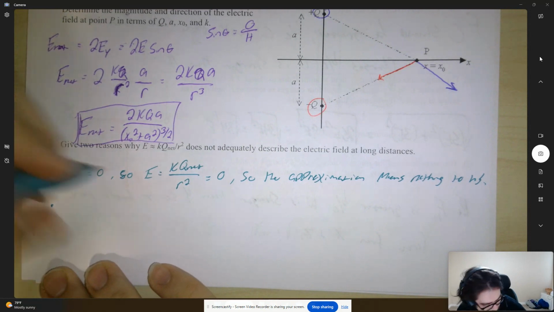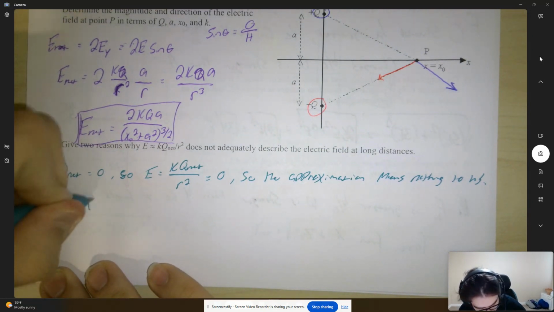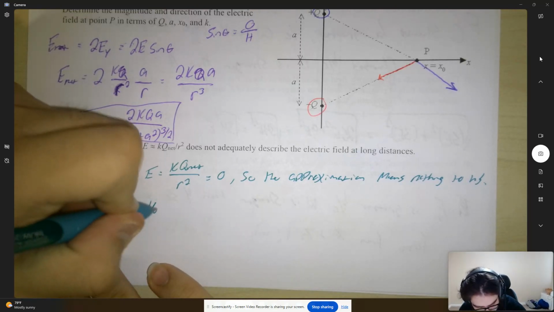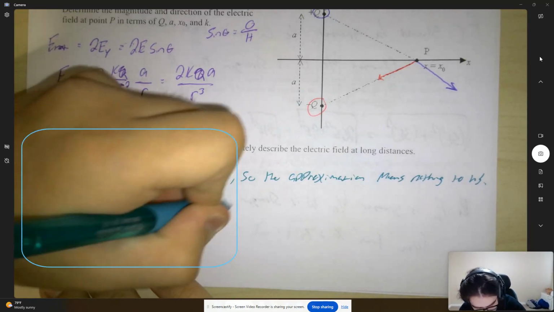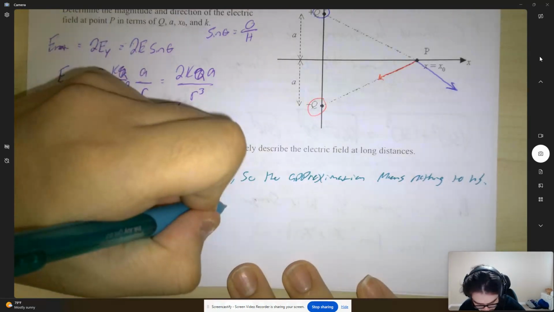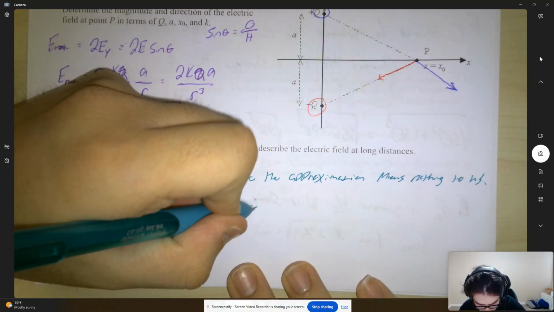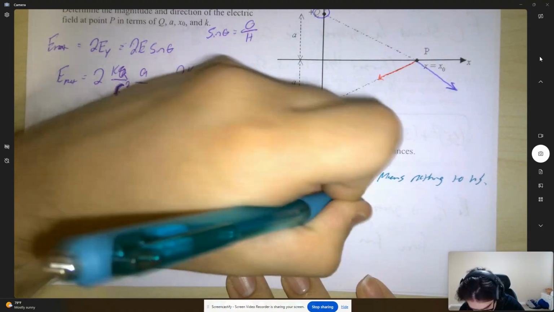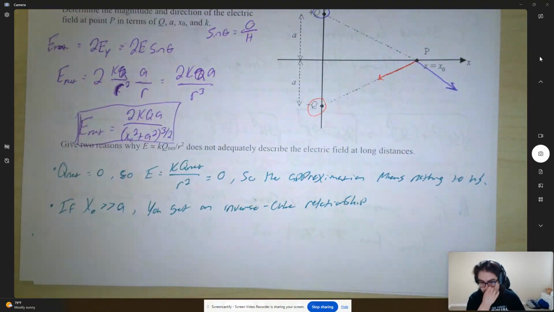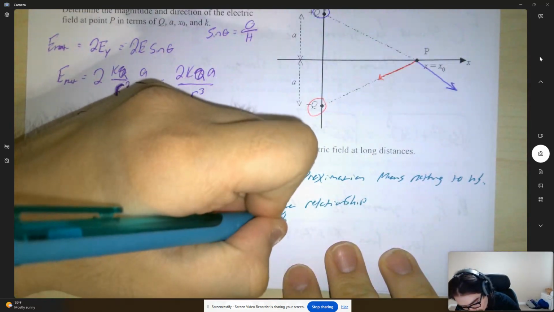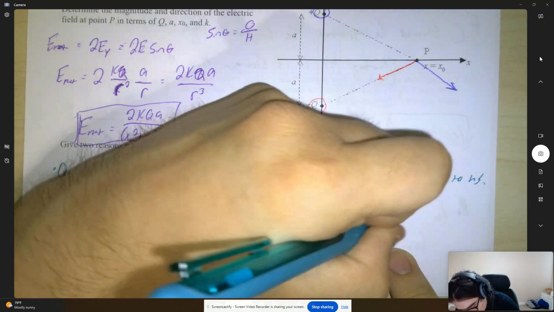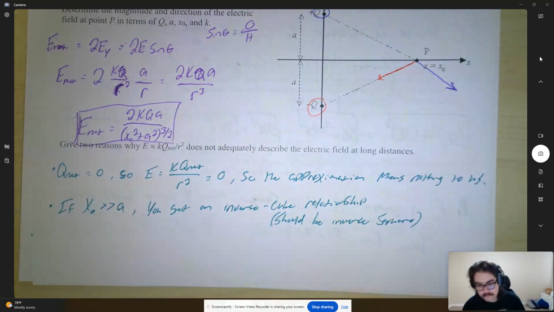The other thing is that if x naught is greater than a, you get an inverse cube relationship, and it should be inverse square.